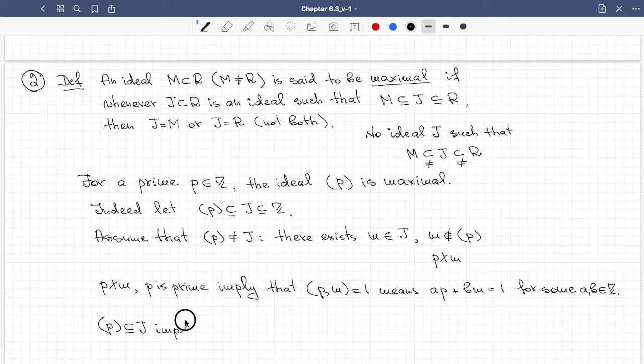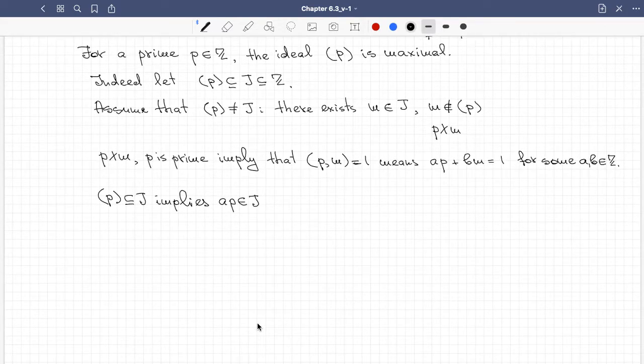This implies aP is a multiple of P. All multiples of P are elements of J. So aP is an element of J. At the same time, m is an element of J. By the absorption property of an ideal, J is an ideal, so any multiple of m is also an element of J. Thus that implies bm is an element of J by the absorption property.